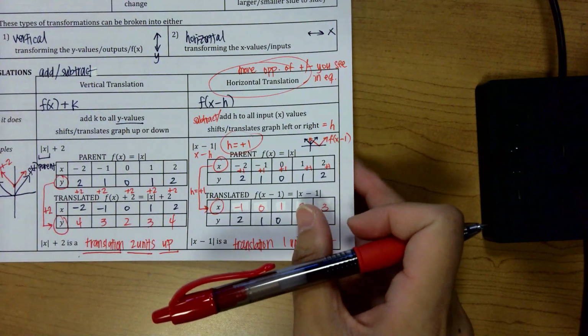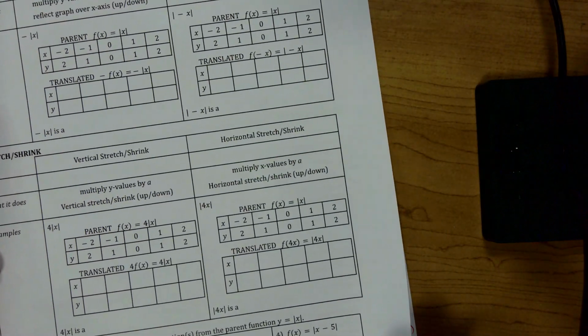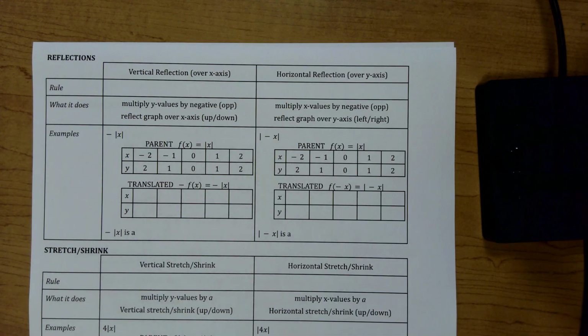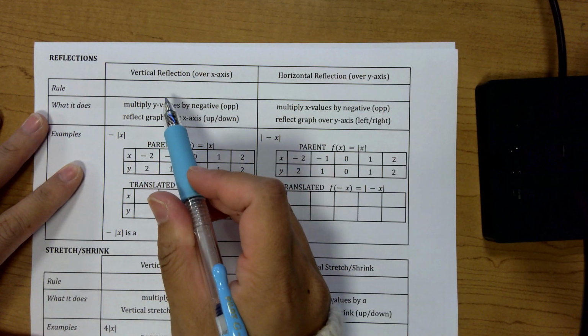Okay, let's move forward. So now let's talk reflections and see how that affects our tables. The rule for reflections is a negative, if we multiply by a negative.